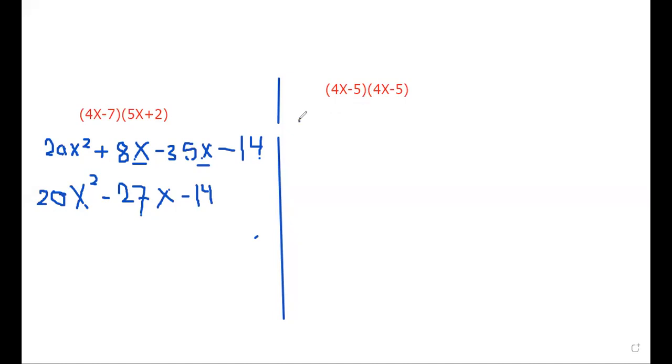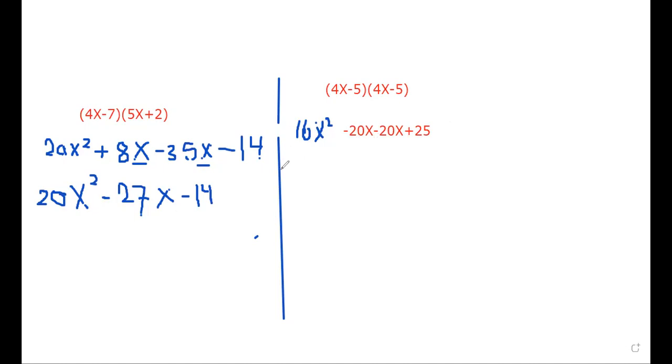4x times 4x will be 16x to the power of 2. And then what do we have to do? After that, grade 8, outer will be negative 20x. Inner will be negative 20x. Negative times negative will be positive 25. Do we have like terms here?